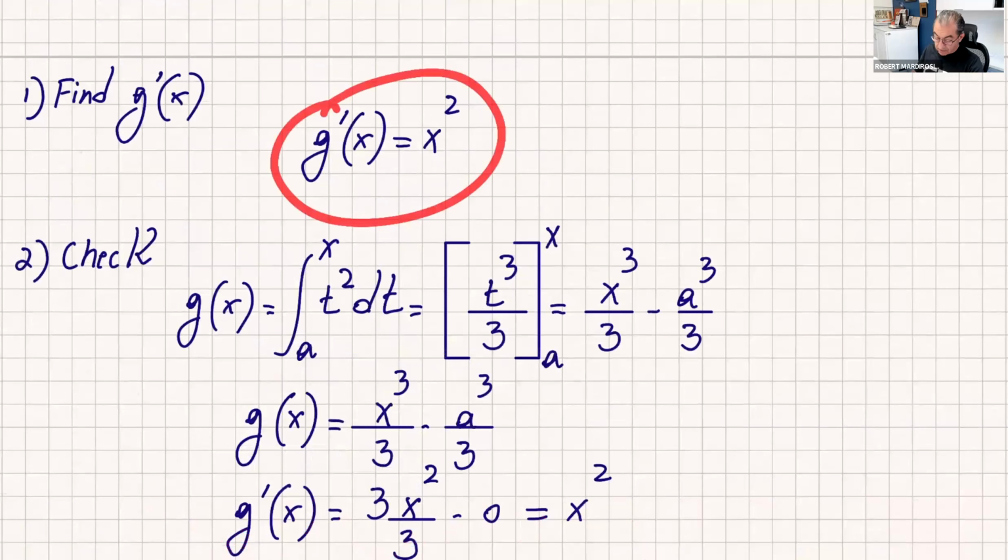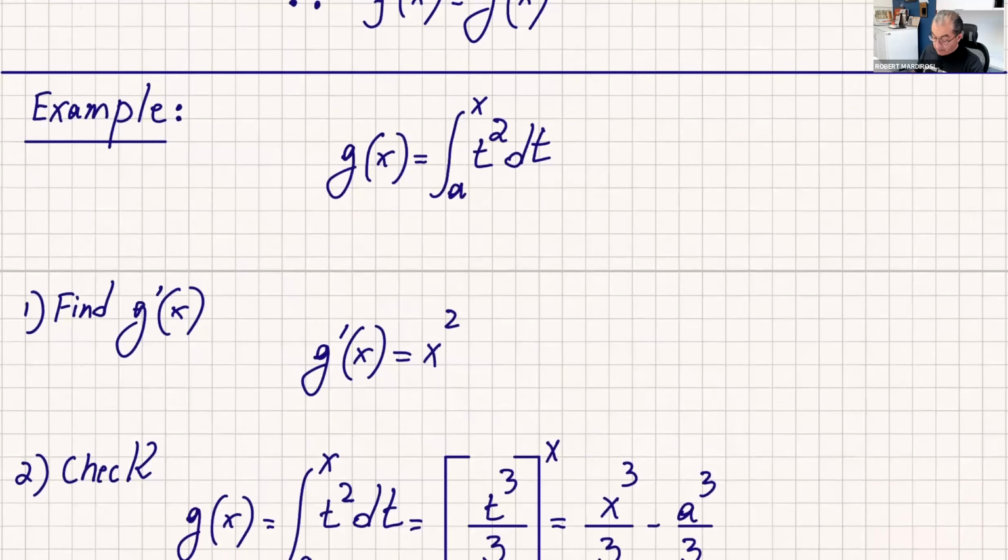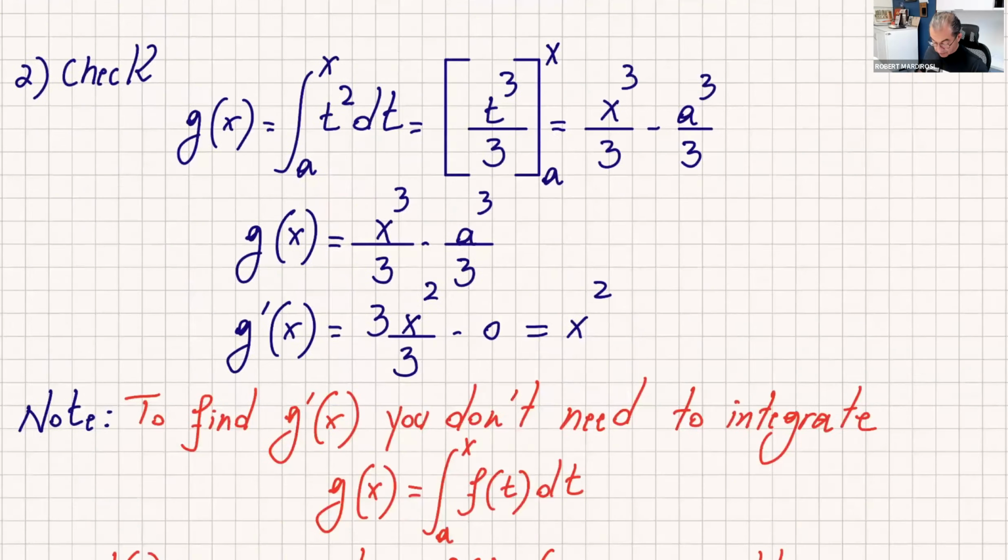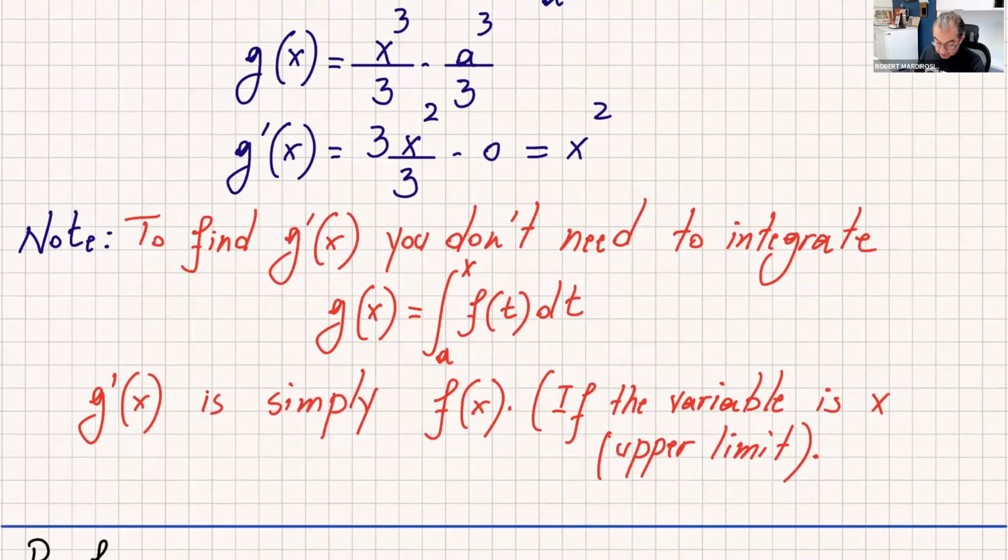Here we got that without even taking the integral, and you should not take the integral here. So if you're asked to find the derivative of g of x, you just put that function. And that's when the upper limit here is x. If it's another function, then we use the chain rule, but that's not what we're going to concentrate on in this video. So now I put the note also for you to find g prime of x.